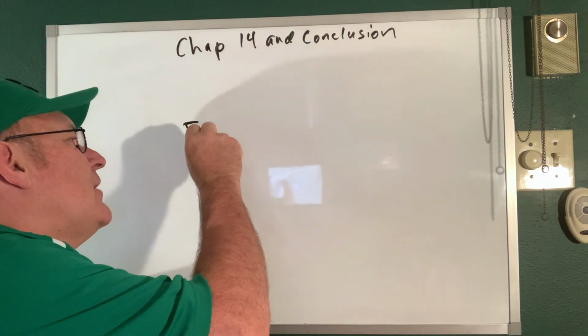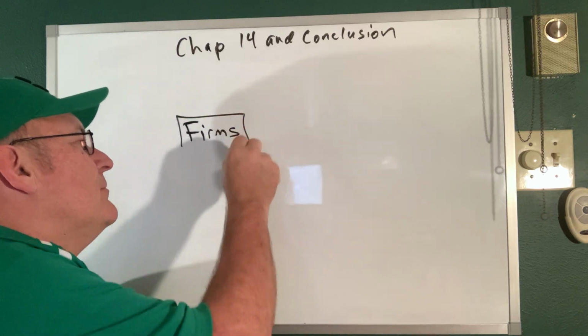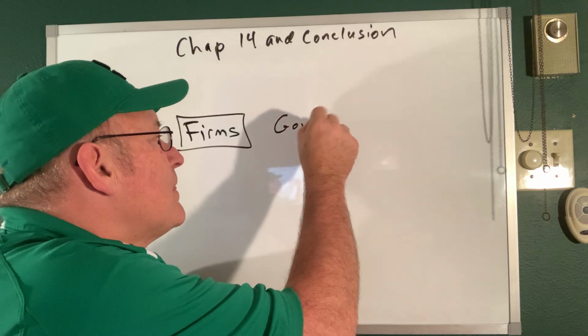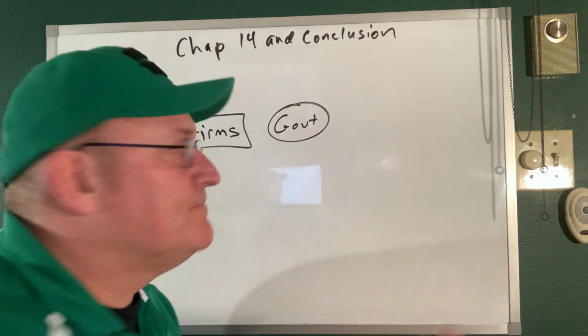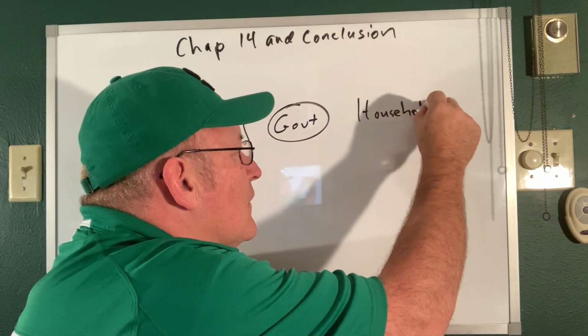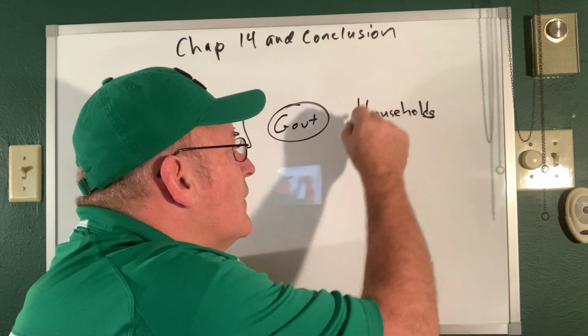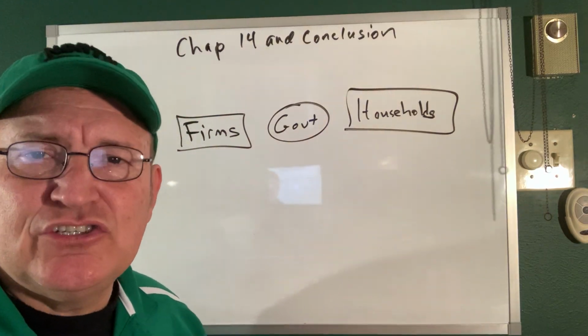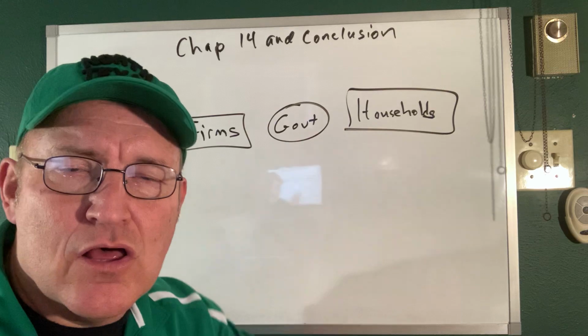So the U.S. economy is the relationship between or among firms, government, and households. Right? And that relationship really is a series of flows.